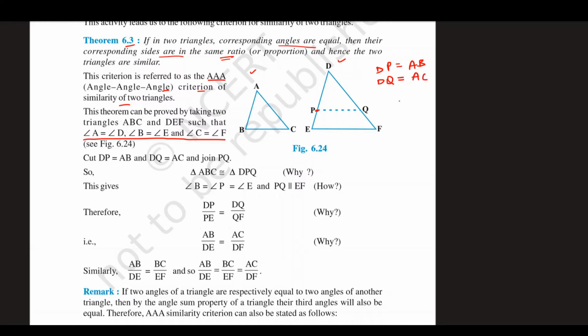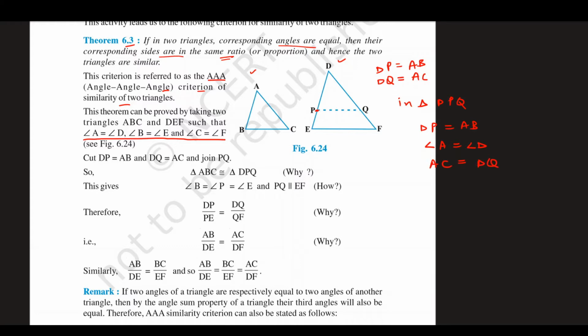So in triangle DPQ, we have DP equal to AB, number 1. We have angle A equal to angle D, and also AC equal to DQ.